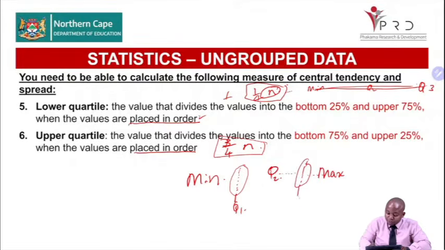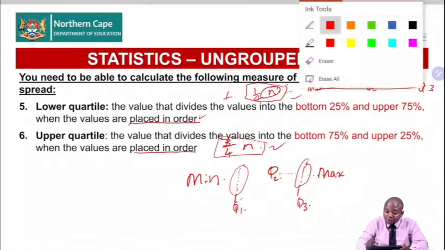Remember, the middle value between the minimum and Q2 is Q1, and the middle value between Q2 and the maximum value is my Q3. So those are the values that we're going to focus on, or we can just use the position to locate those values.